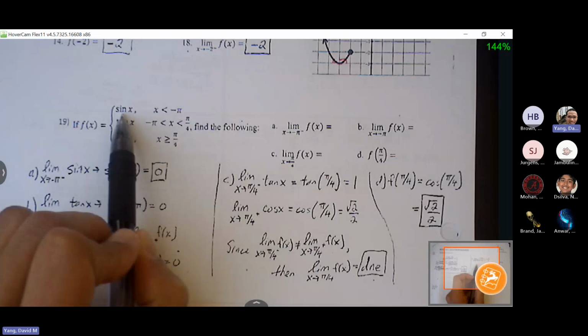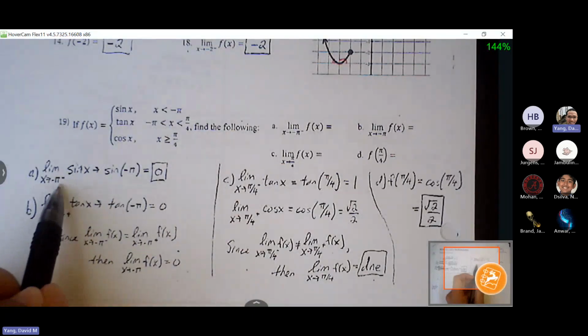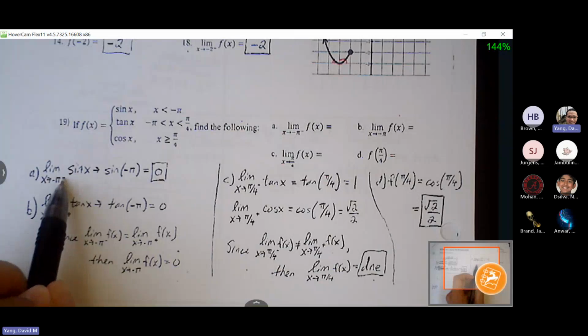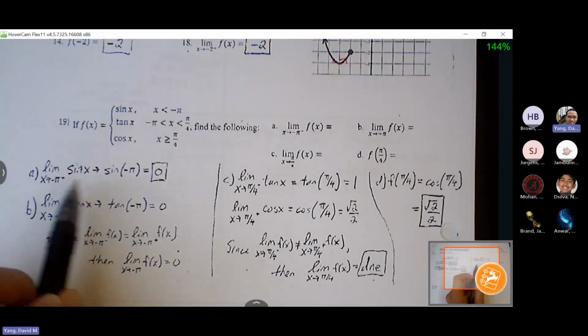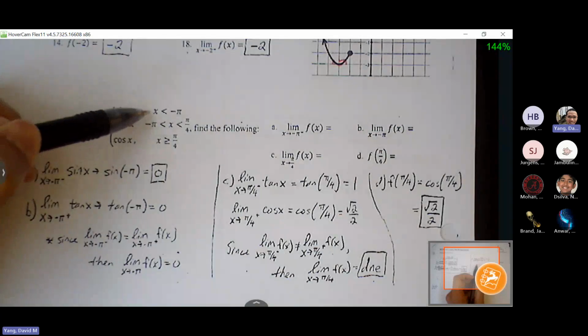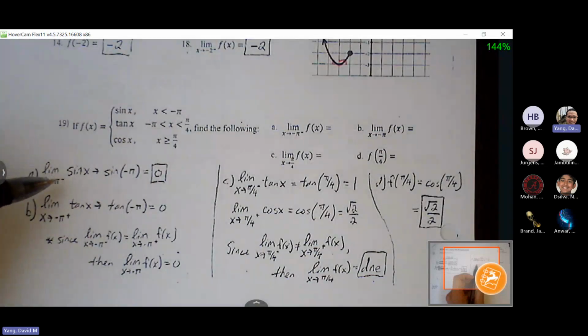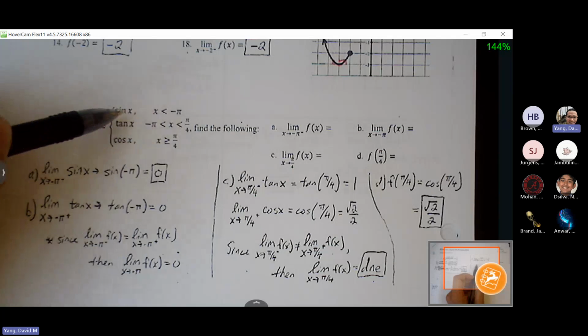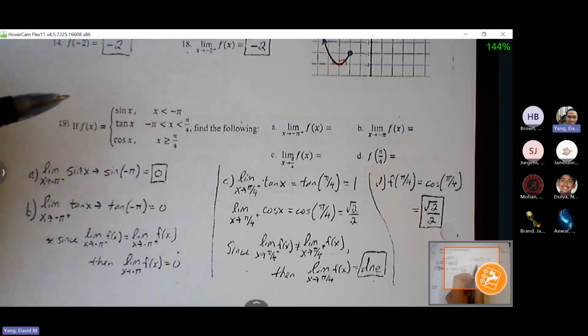So we're working with sine of x, and we just do direct substitution first. Ignore the one-sided limit. The one-sided limit here is helpful in the sense that it is telling us which direction we're coming from. So if there's a split at that x value, that one-sided limit does tell us whether to pick the one to the left or one to the right of that x value.